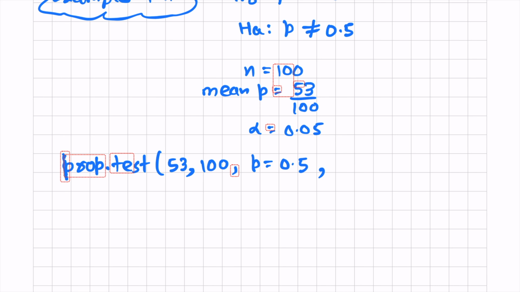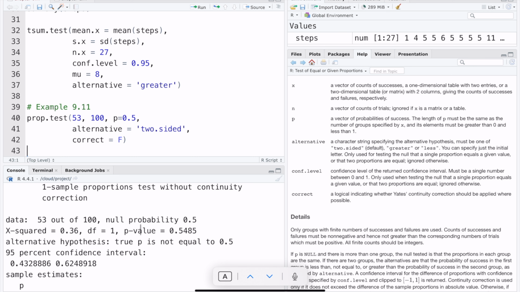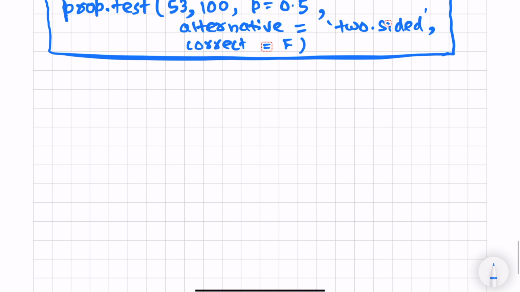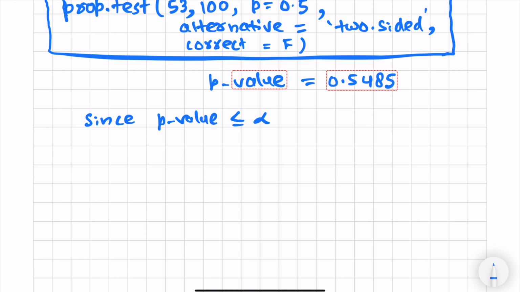So we can enter all the information that we wrote. Two-sided should be two dot sided, and once you run that, you get the p-value 0.5485. So we can write this p-value, and we can conclude, since the p-value is not less than or equal to alpha, we cannot reject H0.